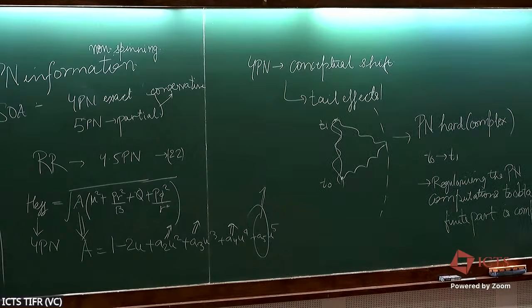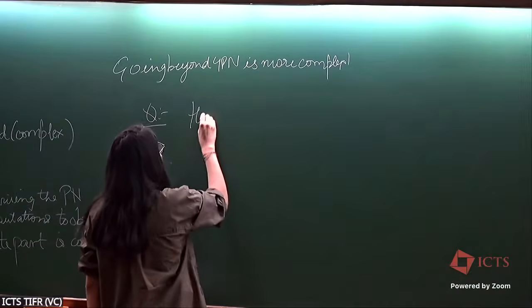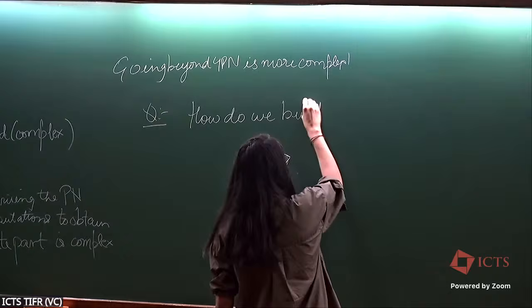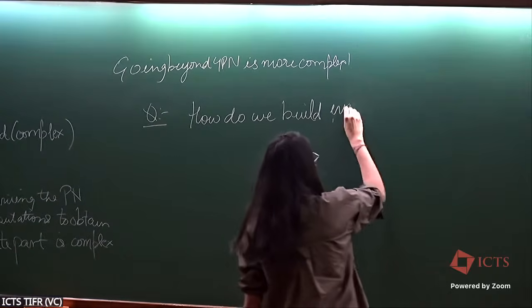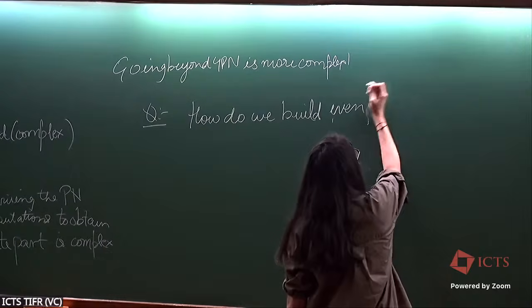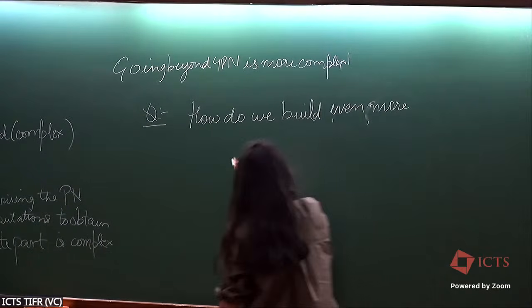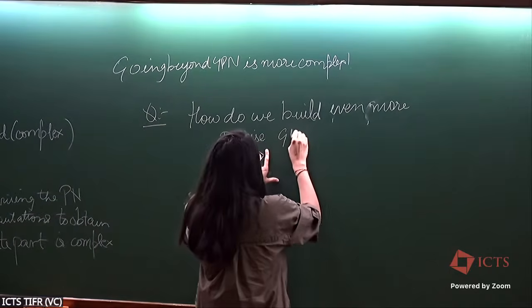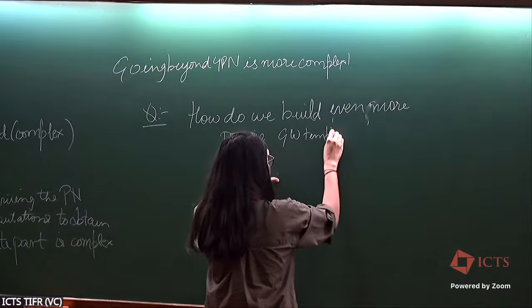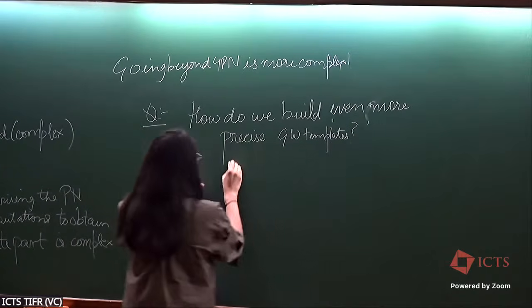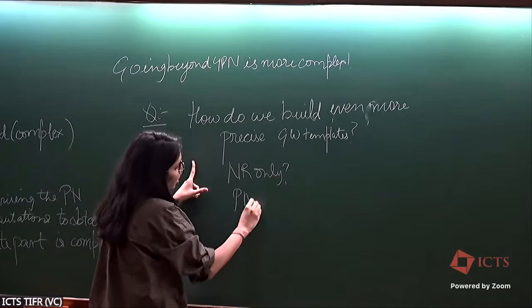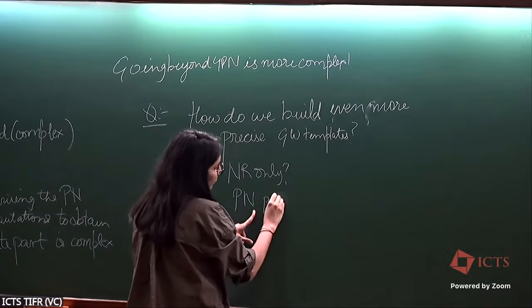So the few questions are, how do we build even more precise waveforms? NR only? Go to higher order in PN?